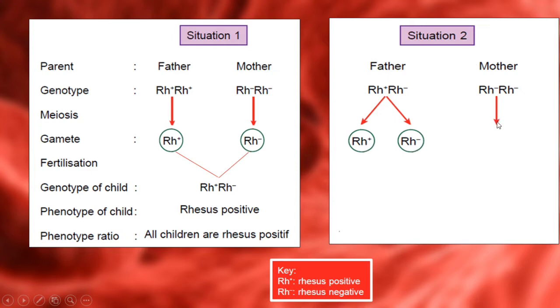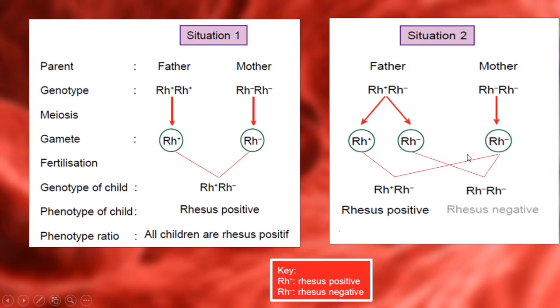When random fertilization occurs, it will produce 50% Rhesus positive and 50% Rhesus negative. So for this couple, 50% of their children are Rhesus positive and 50% Rhesus negative.